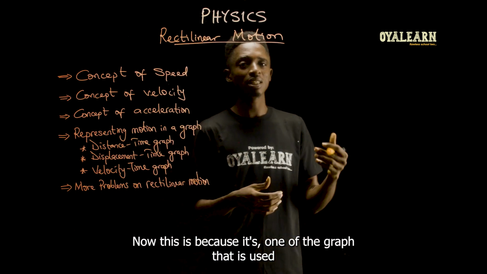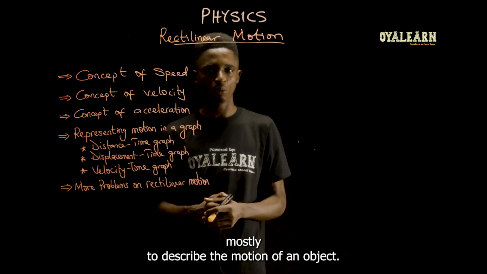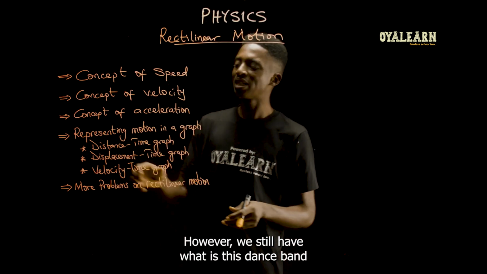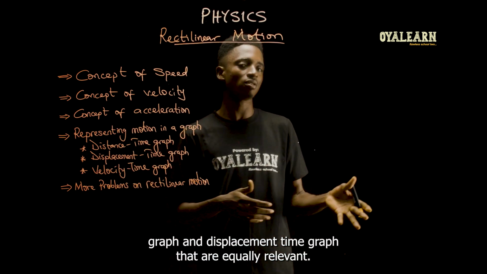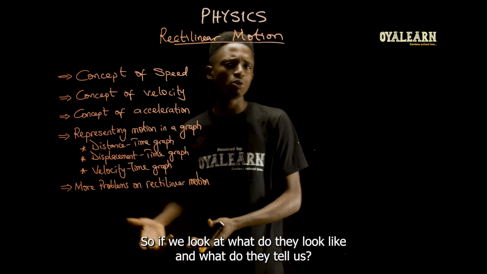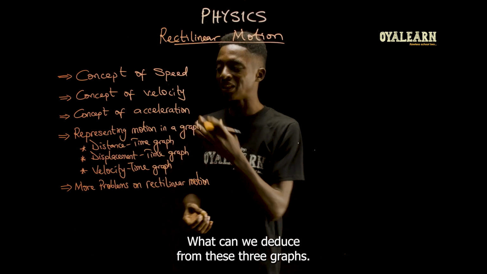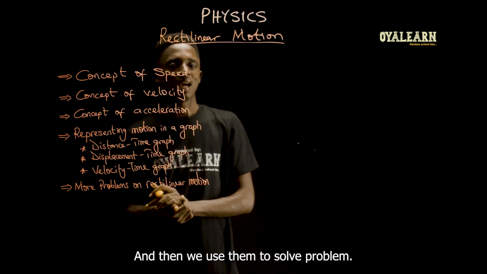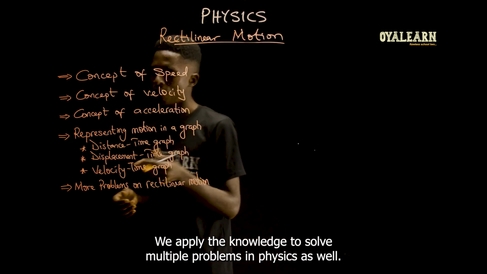This is because it's one of the graphs that is used mostly to describe the motion of an object. However, we still have distance time graph and displacement time graph that are equally relevant. So we look at what they look like and what they tell us. What can we deduce from these three graphs? And then we use them to solve problems. We apply the knowledge to solve multiple problems in physics as well.